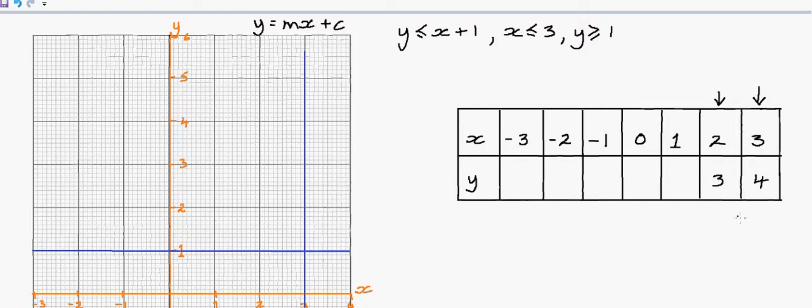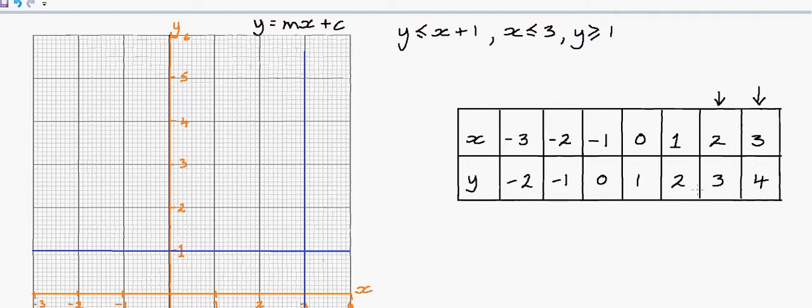Now the reason I only do these two is because this is a number sequence, and I can see that to go from 4 to 3 I need to take away 1, and that will happen all the way down. So 3 take away 1 is 2, 2 take away 1 is 1, 1 take away 1 is 0, 0 take away 1 is minus 1, minus 1 take away 1 is minus 2, and there you go. Okay, it will always follow a pattern, a straight line.